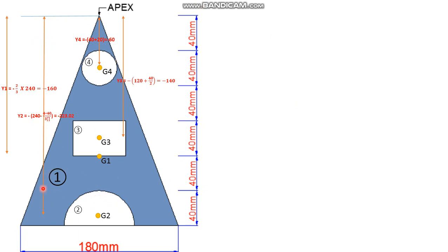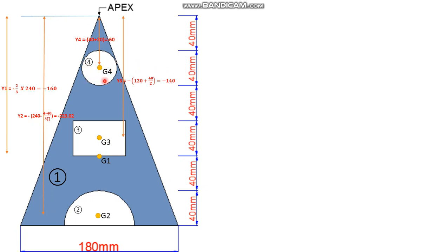I'll repeat once again. Area a1 is half into 180 into 240. a2 is the semicircle, which is negative because you are cutting it out, so it is pi r square by 2, with r as 40. For the rectangle it is minus 60 into 40, and the circle is minus pi into 40 square.